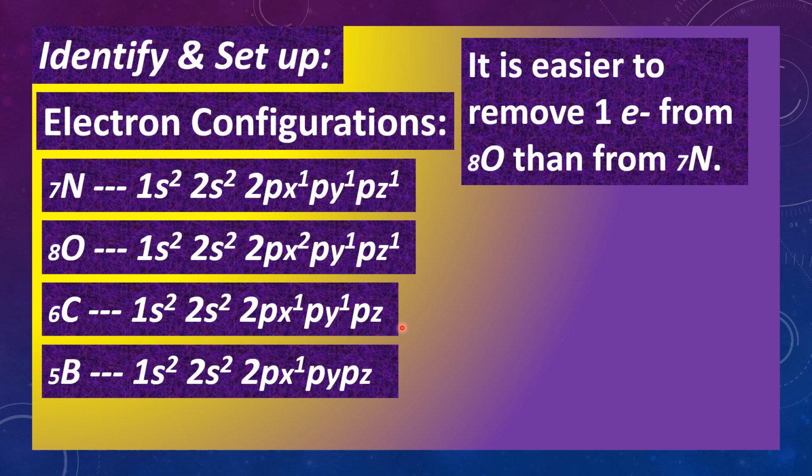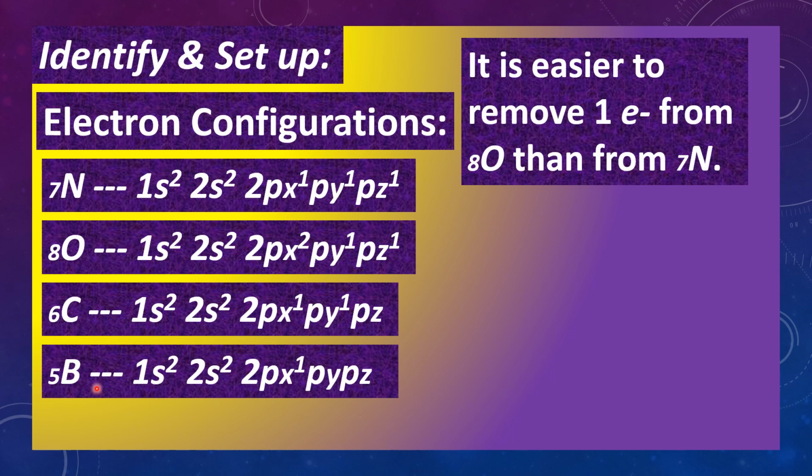So carbon also has its s orbital completely filled, and of the three p orbitals, only two p orbitals are half filled with one electron each, and one p orbital is empty. So that's for carbon.